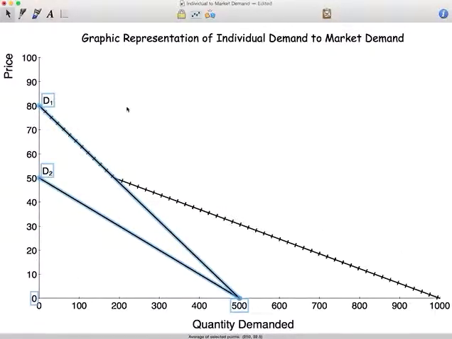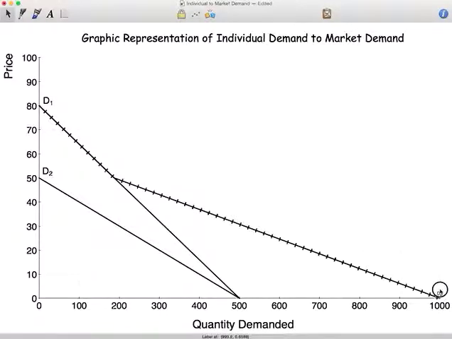So at a price of 0, quantity demanded for D2 is 500. The quantity demanded for D1 is 500. I add those together, and that gives me the 1,000, and that allows me to draw that last section of the market demand curve in place. So this would be labeled DM for market.